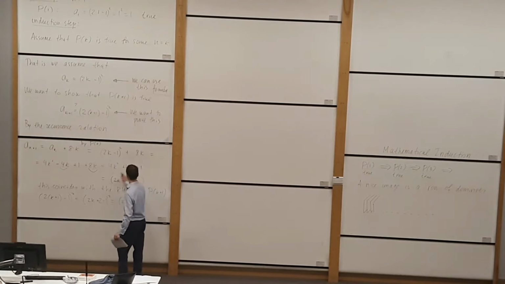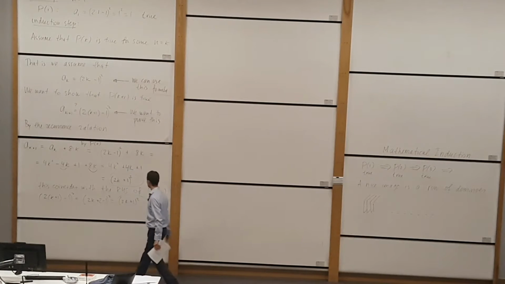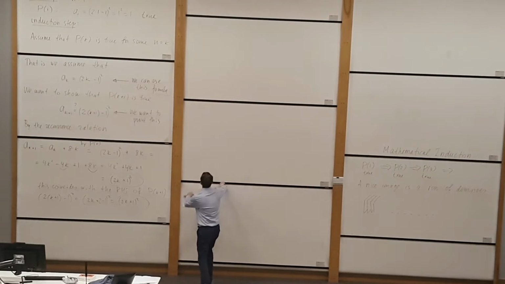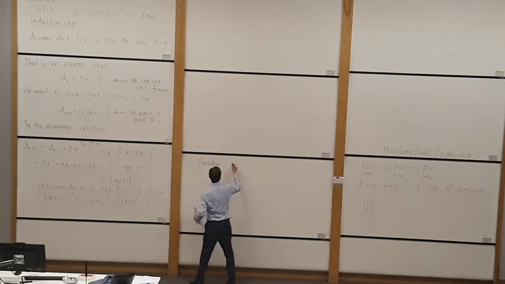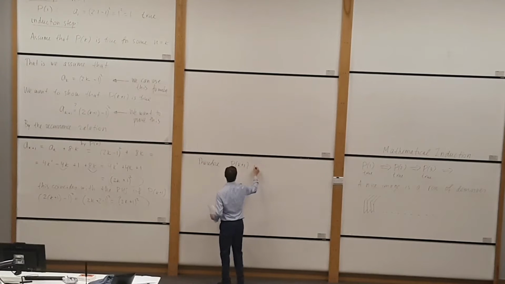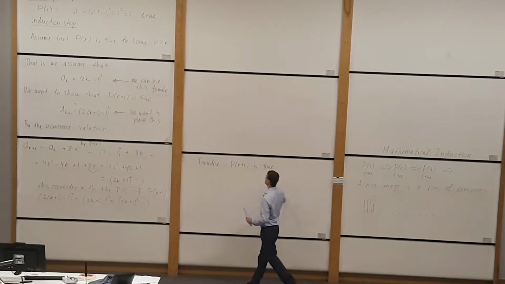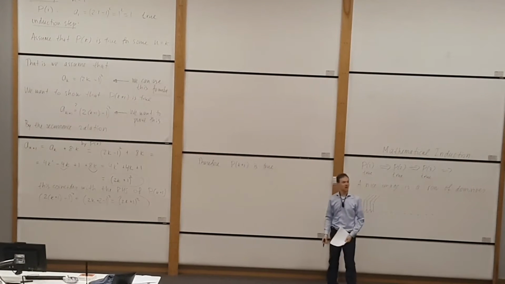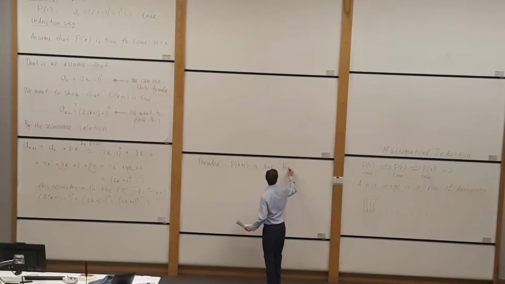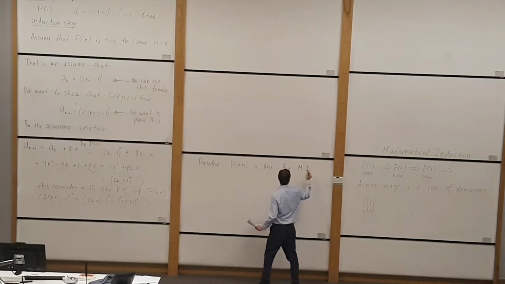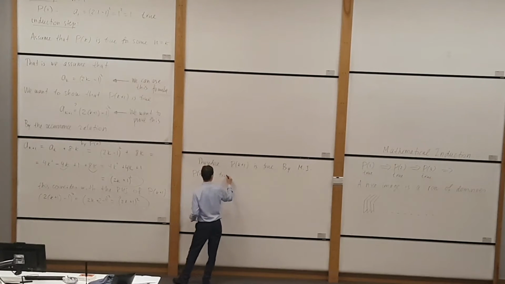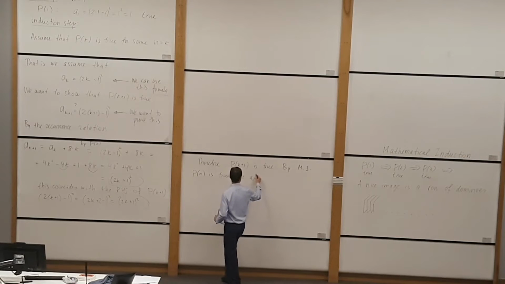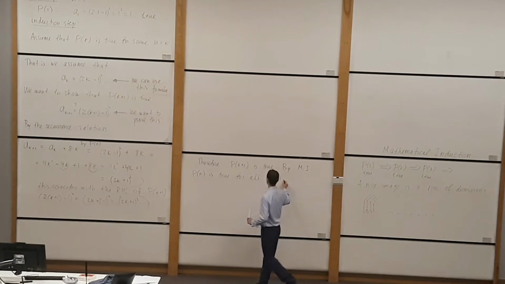Okay? So this thing is the same as that. Therefore, P of k plus 1 is true. Since we proved the base step, and k here was arbitrary, by mathematical induction, P of n is true for all n greater or equal than 1.